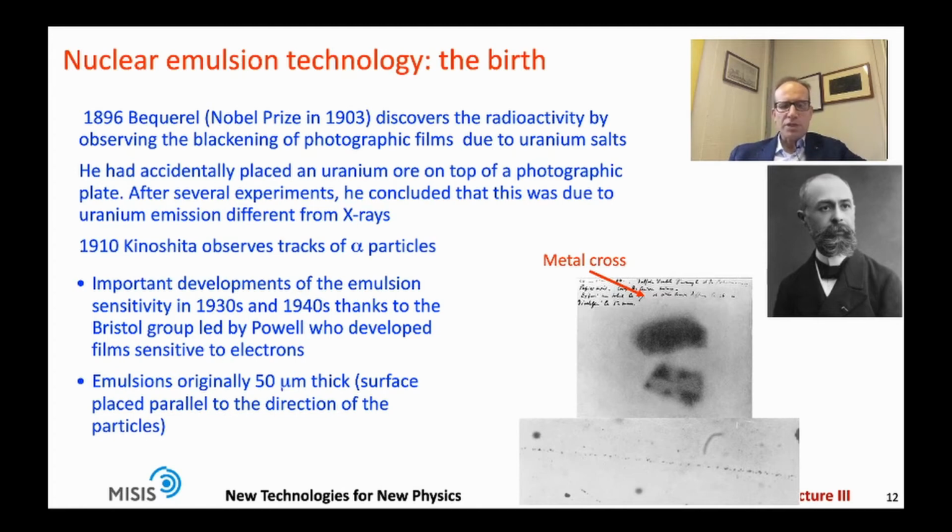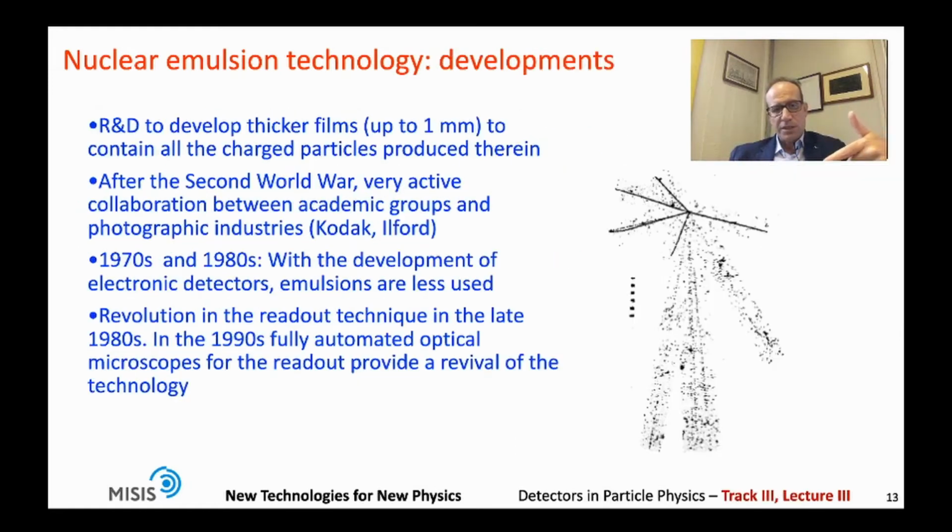So emulsions were originally made of 50 micron thick films with the surface placed parallel to the direction of particles. One of the issues with these thin plates was to reconstruct also the tracks originated by secondary interactions. So indeed there was quite a significant R&D to develop thicker films, up to 1 millimeter thick, to contain all the charged products of the primary interaction of the particle beam with the nuclear emulsion themselves.